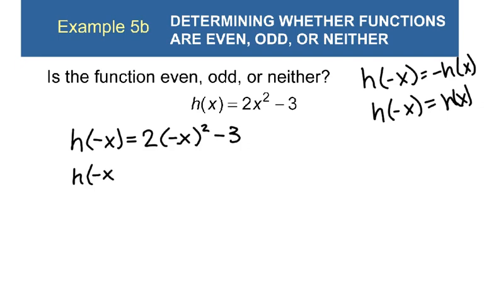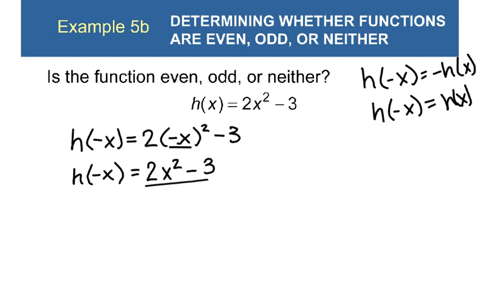So rewrite this. And now we have a negative value that's being squared. Anytime a negative value is being raised to an even power, it's going to become positive. So this is equivalent to 2x squared, and then minus 3 stays the same.